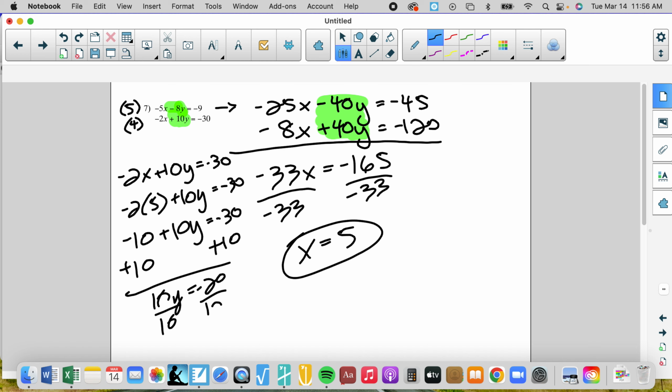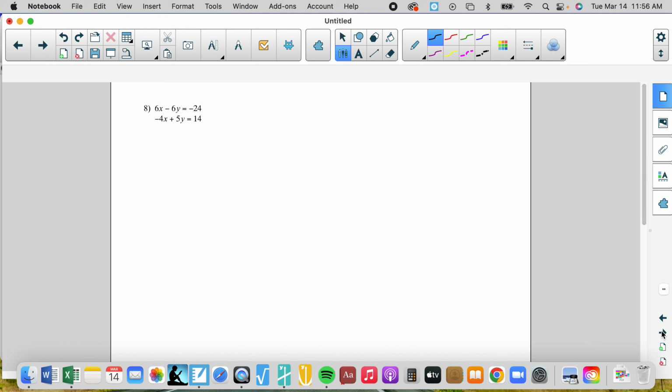Divide by 10, y equals negative 2. So my solution is (5, negative 2). Let's go back. So that gives me negative 25. That gives me positive 16. And that gives me negative 9. See how quick a check takes? It's really not that long.